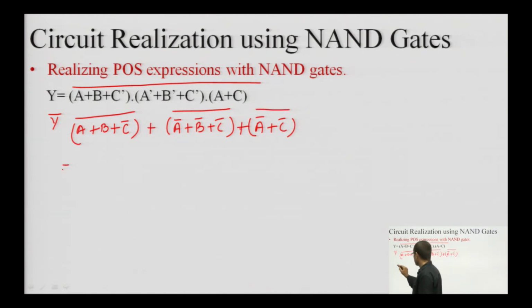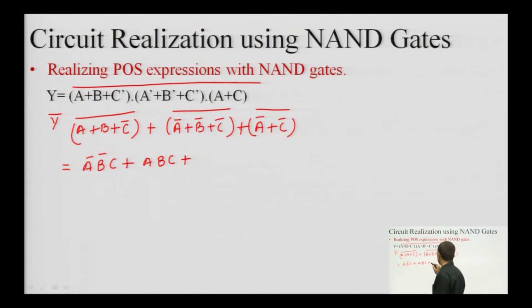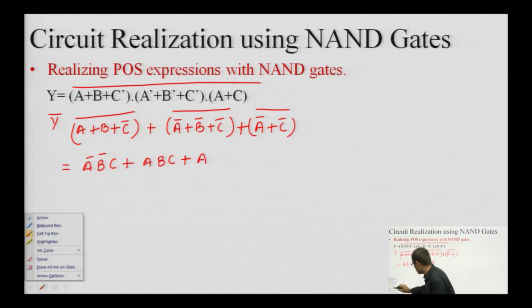Now, further applying De Morgan's theorem, I will be getting A bar, B, B bar C. Similarly, here A B C, and the third term will be A. We have to complement this one. By mistake I have placed bars here.